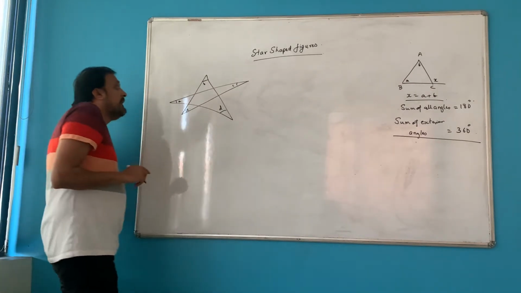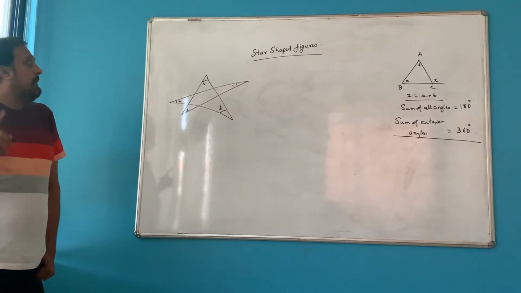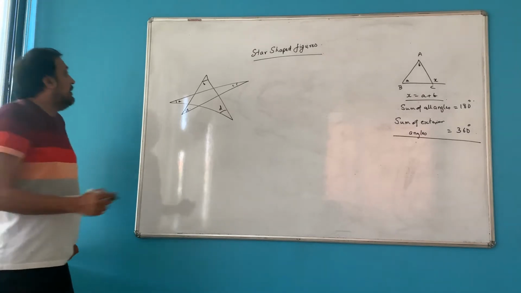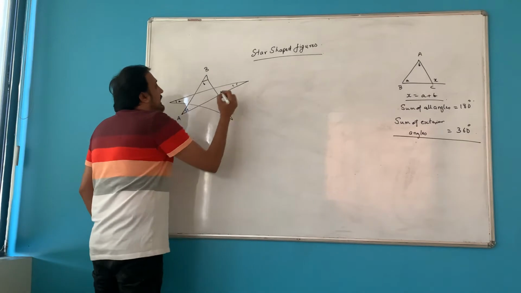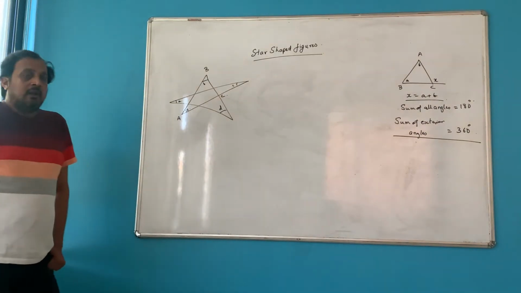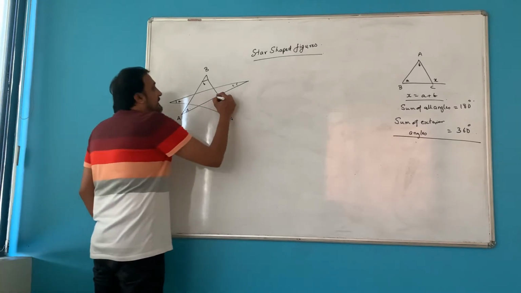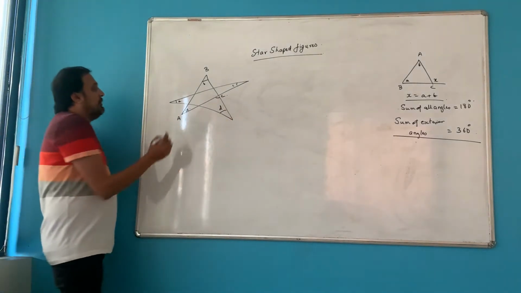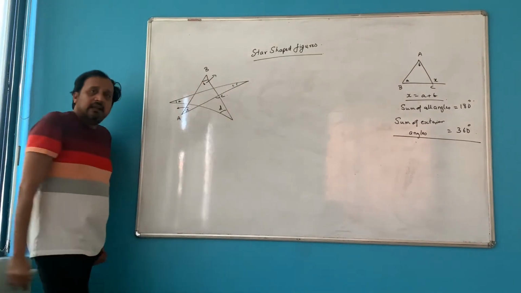What do we know? We know the exterior angle of any triangle would be equal to the sum of your remote interior angles. First, let's look at triangle ABC. Can I say this would be your exterior angle, which would be equal to the sum of B and E?